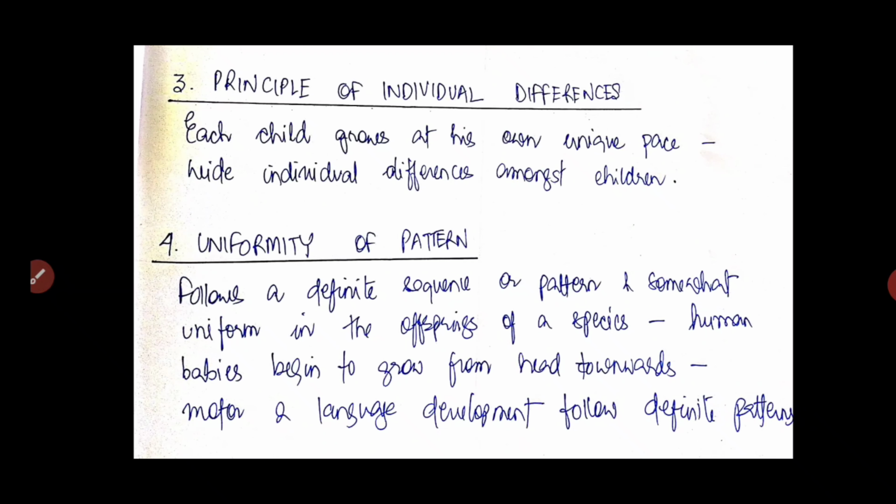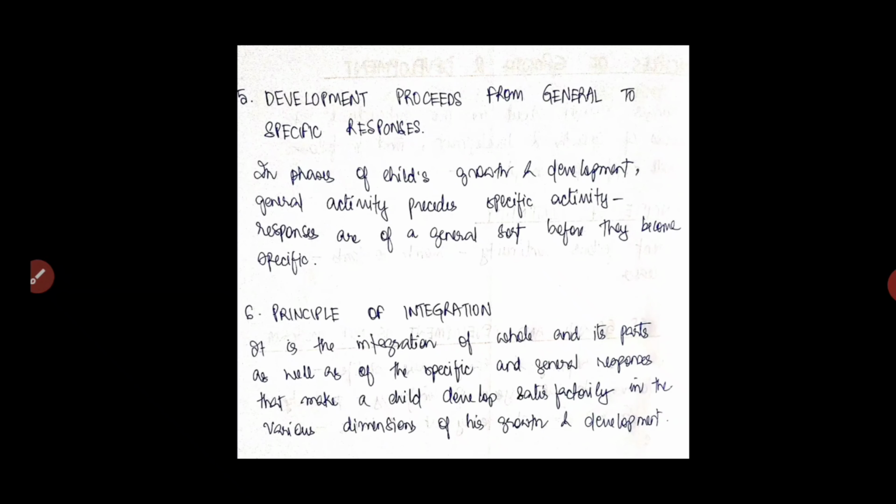An example here is that human babies begin to grow from head downwards, from head to toe. Similarly, motor development and language development in children seem to follow a definite sequence. Development proceeds from general to specific. In all phases of a child's growth and development, general activity precedes specific activity.